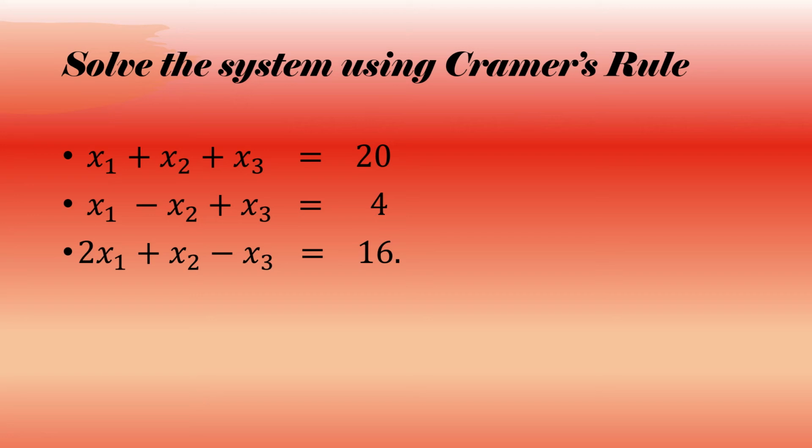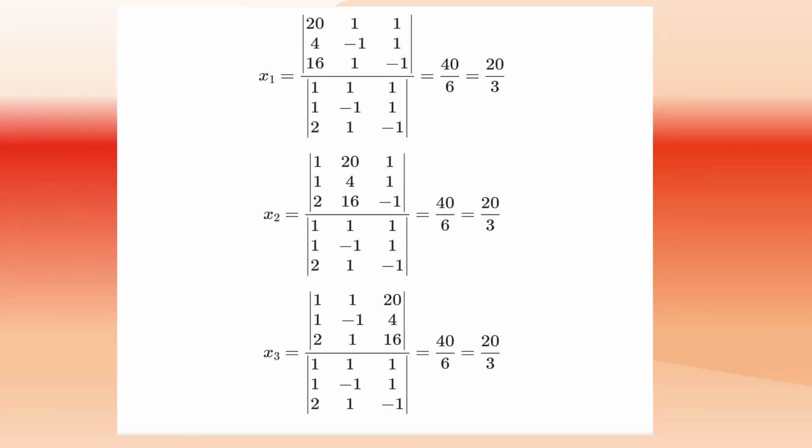So using the previous theorem, we know that x1 will be determinant of A1 by determinant of A, which is 40 by 6 or 20 on 3. x2 will be determinant of A2 by determinant of A, which is 40 by 6 again.